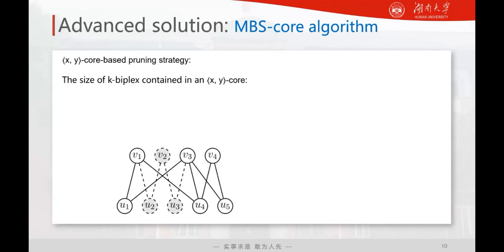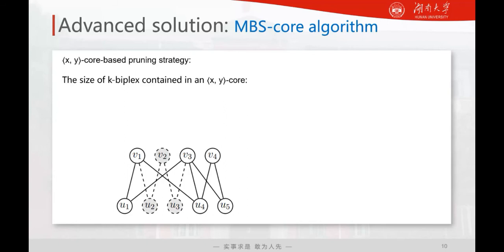If we calculate all xy codes in the graph and compute the corresponding K-biplex, it is also inefficient. So we propose a pruning method. If an xy code contains a K-biplex, we can get the upper bound and the lower bound of its size.